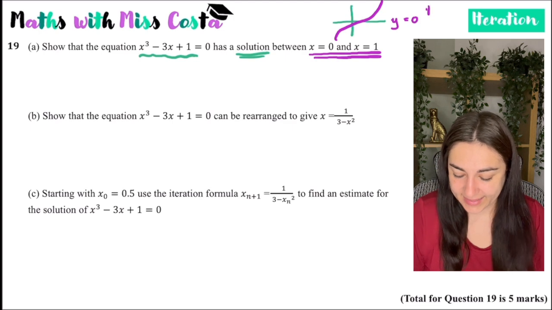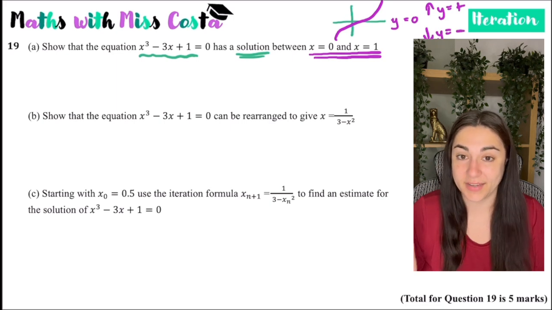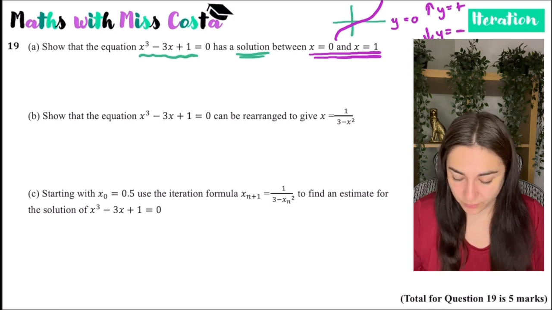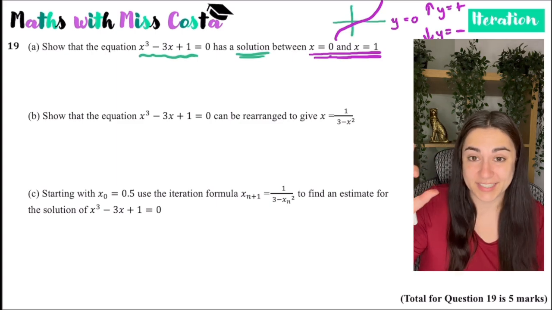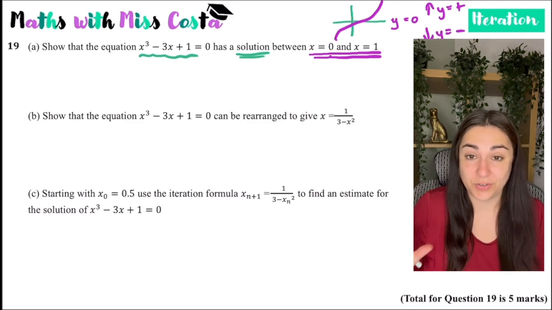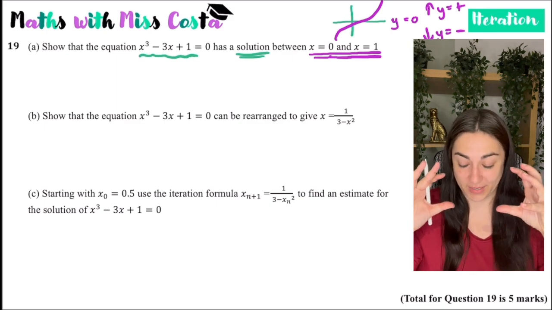And anything above that, y is going to be positive. Anything below that, y is going to be negative. So if you can prove that between these two values, when x is 0 and x is 1, the y changes from a positive to a negative, then you've proved that there must be a solution between there.